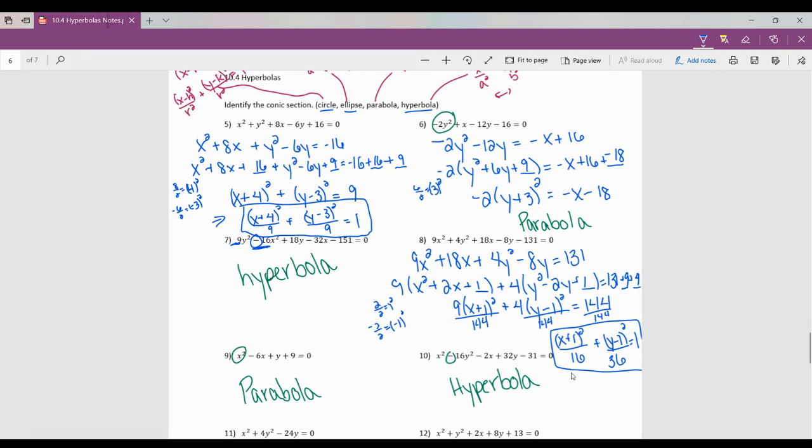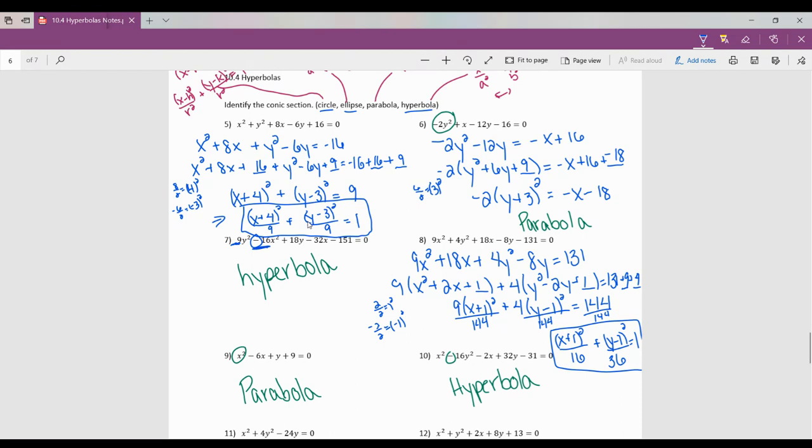What we do with the ellipse and the circle is we go to our center and then count out how many right and left and how many up and down. In this case, I would count to the center and then count right and left 3 and up and down 3. If I count the exact same right and left and up and down, it's going to have an equal distance from the center to the vertices, whether they're major or minor.